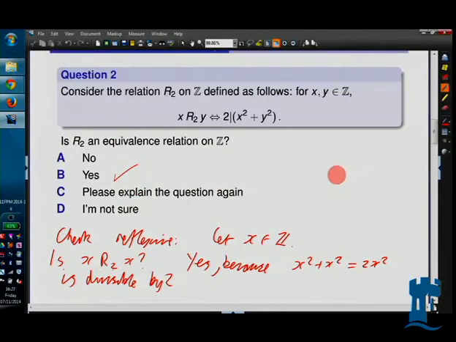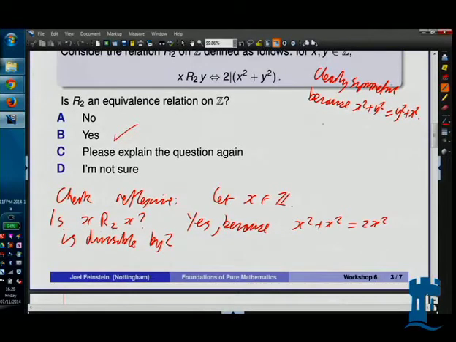Symmetry is as before. It's obviously symmetric because x squared plus y squared equals y squared plus x squared. Symmetry, when it's true, is usually quick. And again, without using the shortcut, I'm going to prove it's transitive.